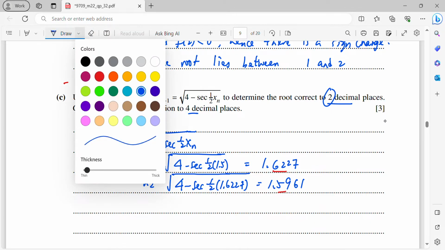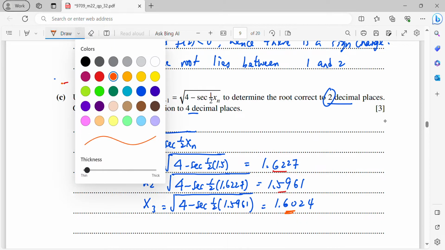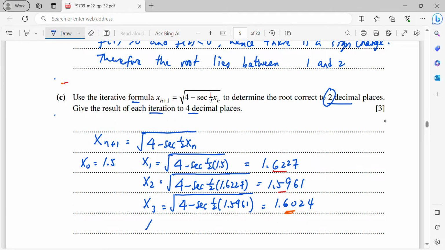Therefore, I have to continue for the next step. x3 is the square root of 4 minus sec(1.5961/2). Then here is going to be 1.6024. Again, they are not the same to two decimal places. Therefore, continue for the next step, x4.